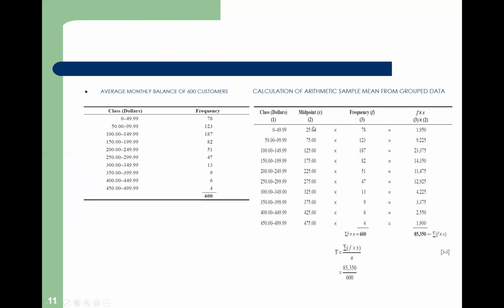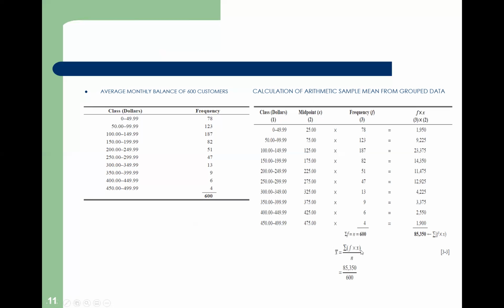First we need to find out the midpoint, and in the previous lecture we learned how to find the midpoint of each class, then multiply by the frequency. 25 multiplied by 78, 75 multiplied by 123, 125 multiplied by 187, and so on till the end. And here we got these values. After multiplication, we sum all these values, and the sum, 85,350, is the sum of f into x.